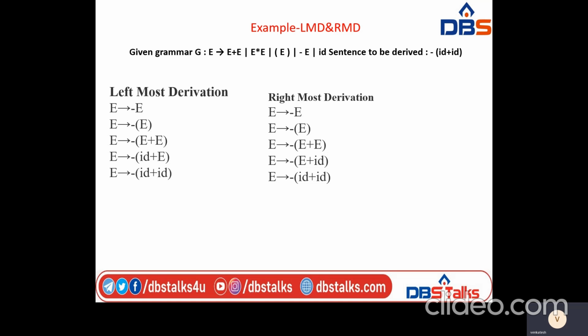We are going to obtain the LMD and RMD for the given string, which is minus ID plus ID.